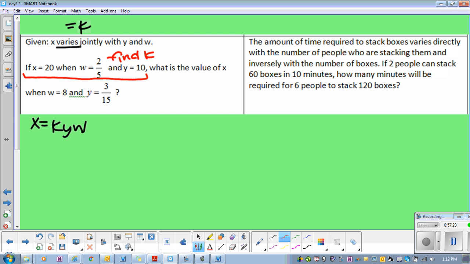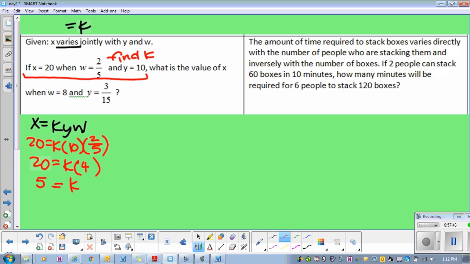You have to do that first. X equals 20 when y equals 10 and w equals 2/5. So k equals 5.